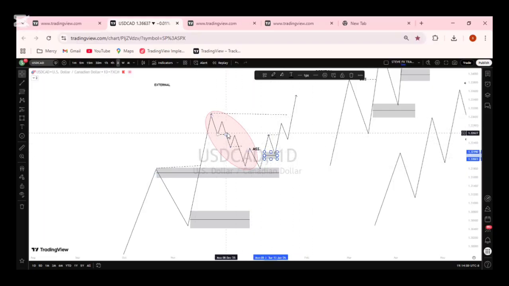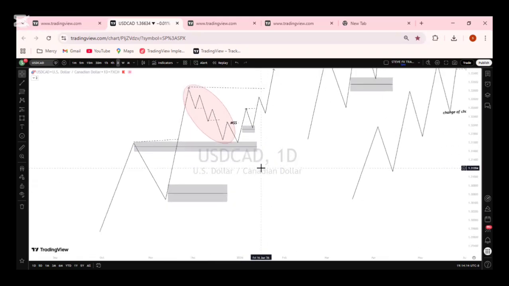Sometimes when you are dealing with the external structures, people normally consider it to be the main trend of the market. So even if the market is reacting from a higher time frame point of interest, you will see them looking for counter trades because they are having a break of structure, and they intend to continue following the structures over there.